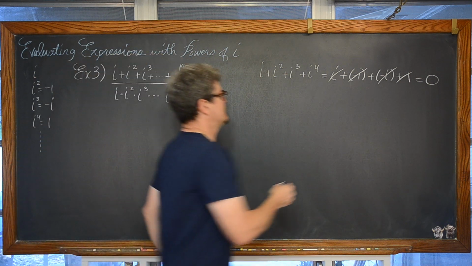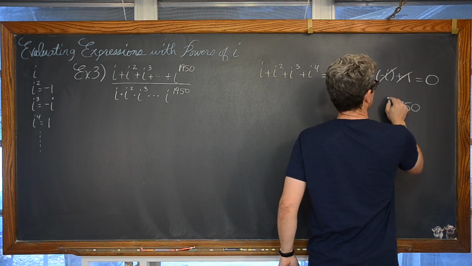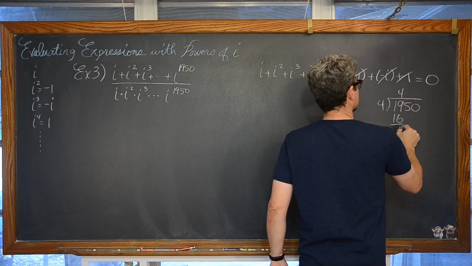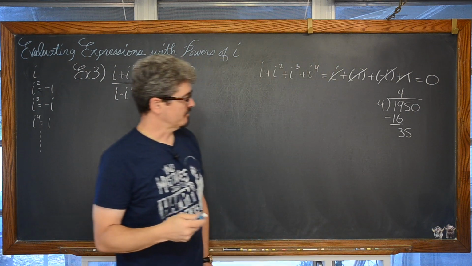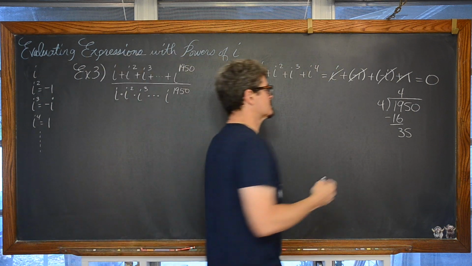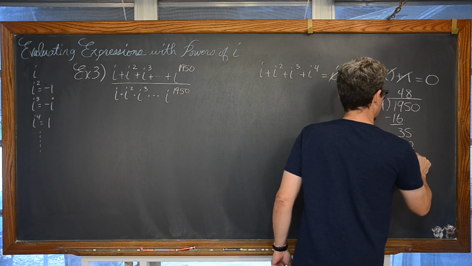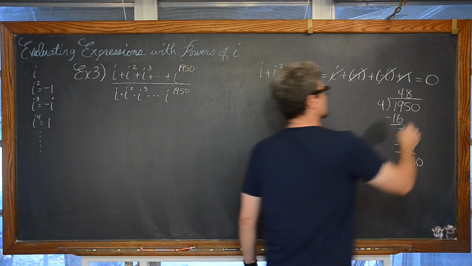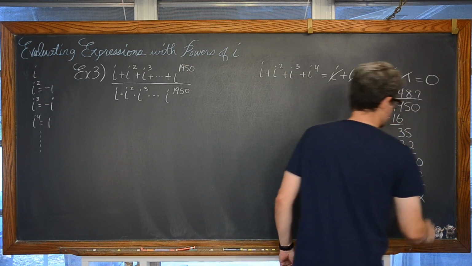We have 1950, and divide that by 4. 4 times 4 is 16. Subtract, giving us 35. 4 times 8 is 32. Now we're going to have 30. 4 times 7 is 28, giving us a remainder of 2.